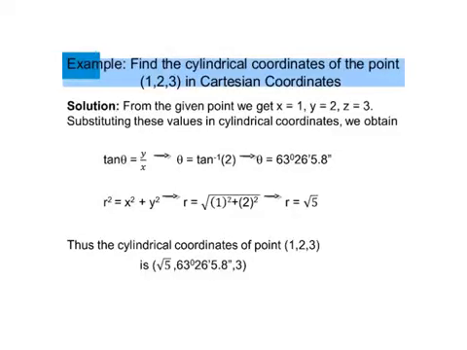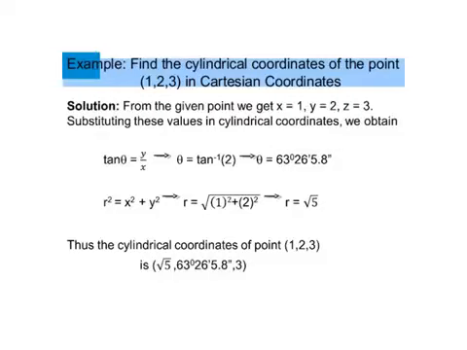We have another problem in which we have to find the cylindrical coordinates of the point 1, 2, 3, which are given in the Cartesian coordinate system. As you can see from the question, in the given point there is no angle.